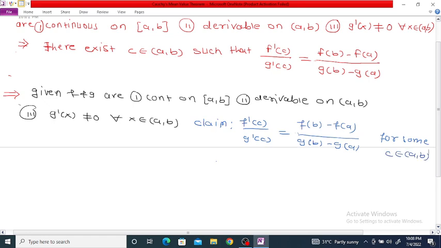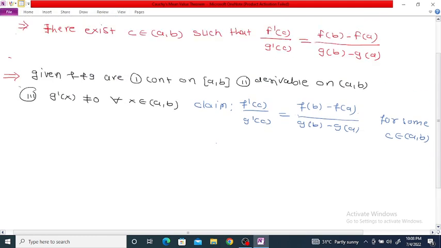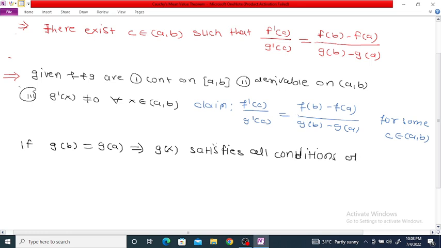Now, to prove this, we assume that g(b) is equal to g(a). Then g satisfies all the conditions of Rolle's theorem.